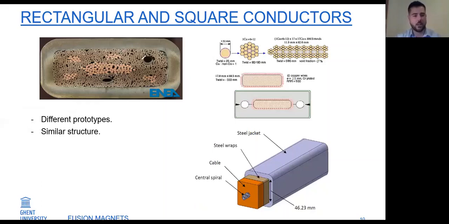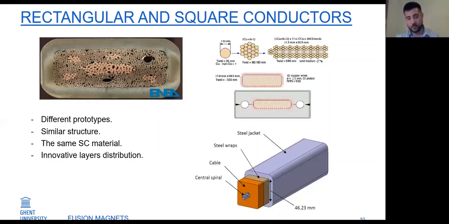They have a similar structure to the round one, the same material, but they innovate on the layer distribution because they have to. I mean, it's also twisted, but as we can see, the cooling channels are distributed differently. In the up left we see two inside cooling channels.